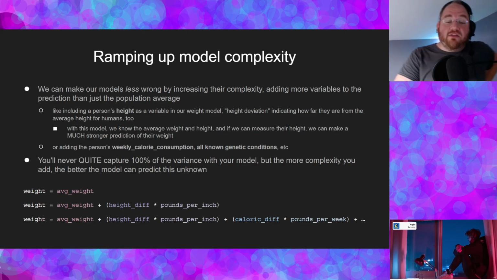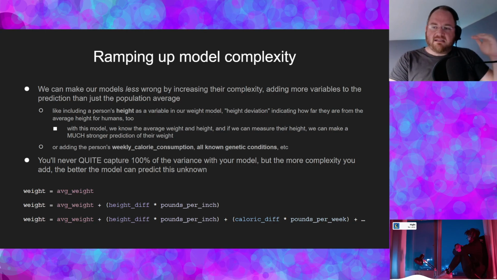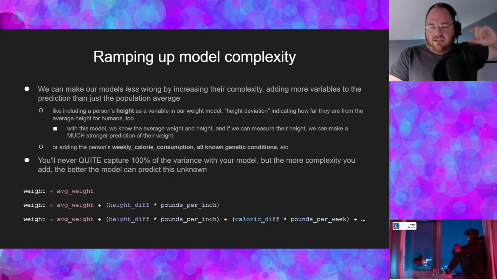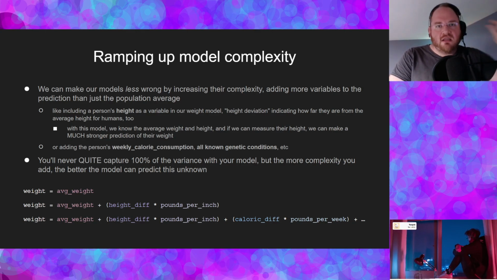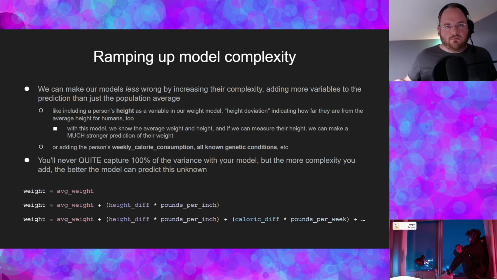So if we happen to know their height, for example, then we could say, how far do they deviate from the mean height? And if we've also computed something like how many pounds are added per inch of height, it's an average thing. Again, we're doing averages of averages here, but now we have this capacity to much better predict somebody's weight if we know their height using this model.